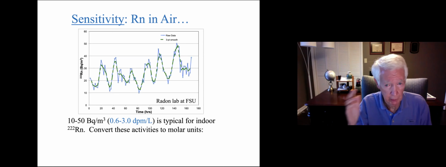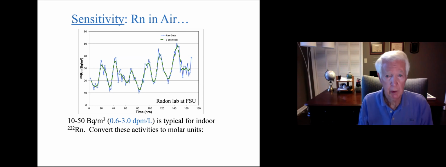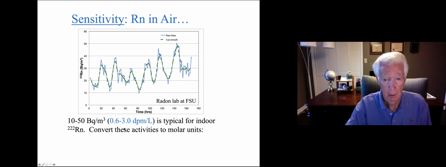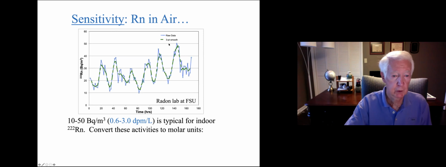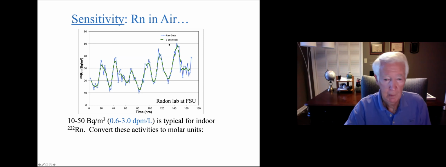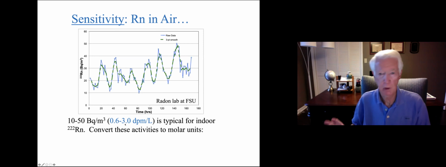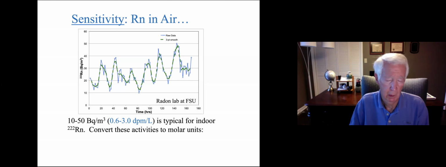But you get the same pattern either way. Virtually all of the data for this week-long experiment is between about 10 and 50 becquerels per cubic meter. If you like DPM per liter better, I converted it for you as 0.63. Very typical numbers. These are not considered high, they're not considered low, they're just very average.